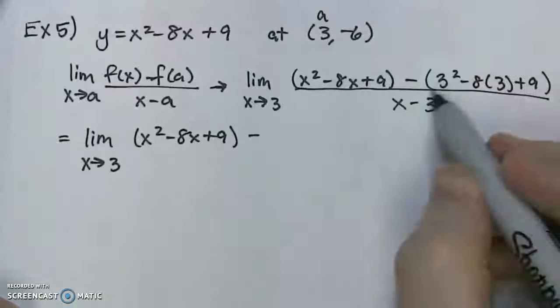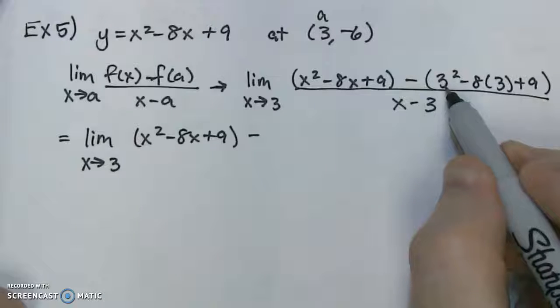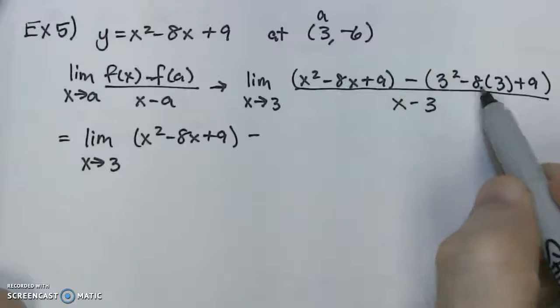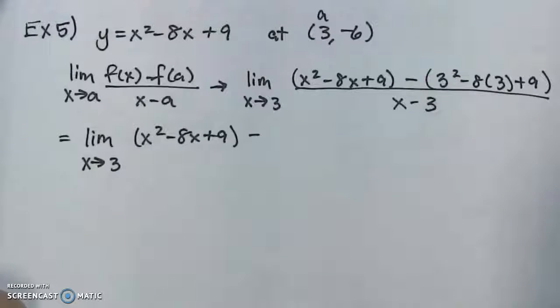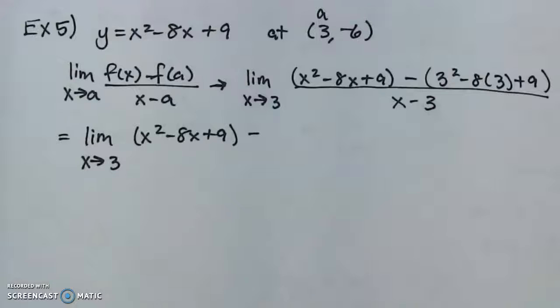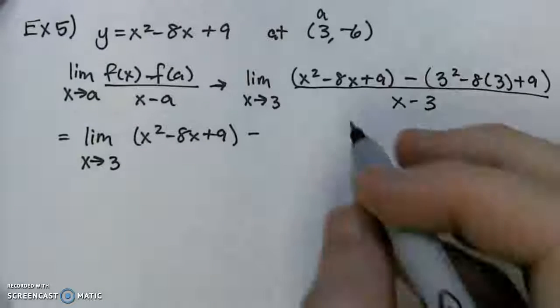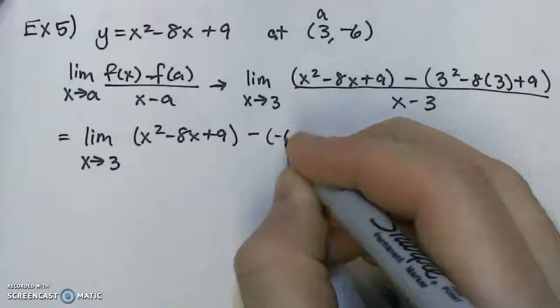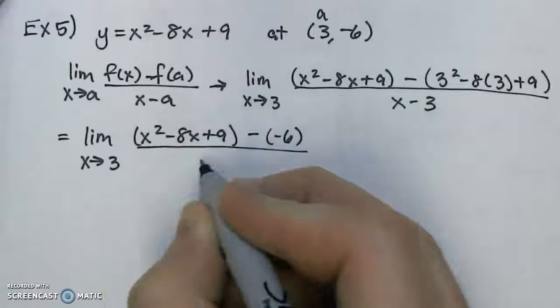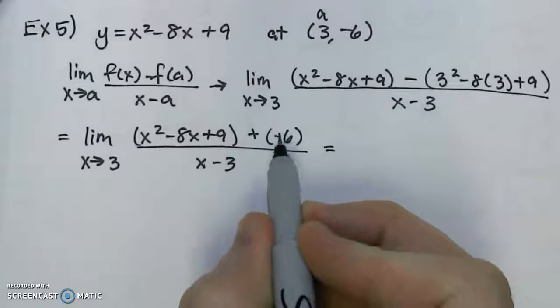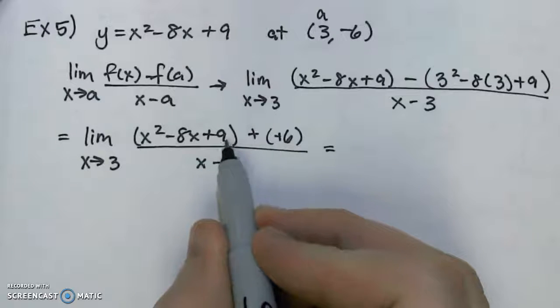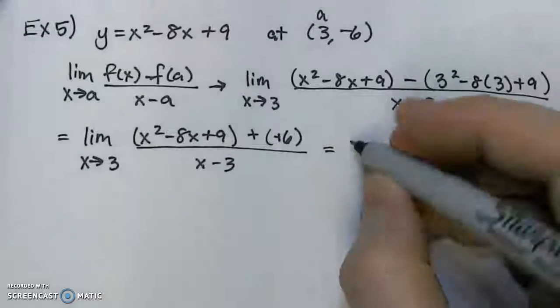So go ahead and evaluate what this would be. So that's going to be 9 minus 24 plus 9. So we're getting negative 6 inside. So this is going to be plus 6, which you're going to go ahead and add, collect like terms, so add to your 9.